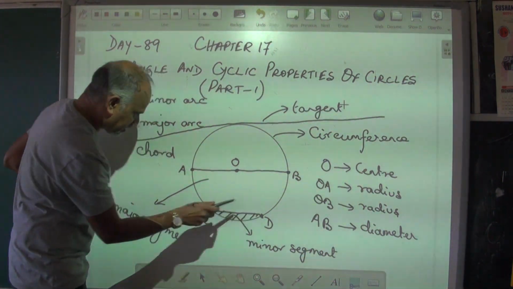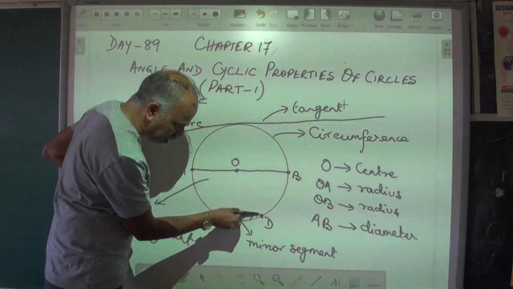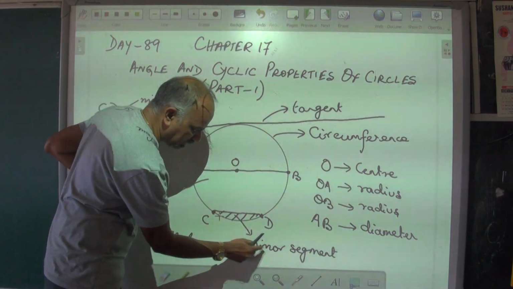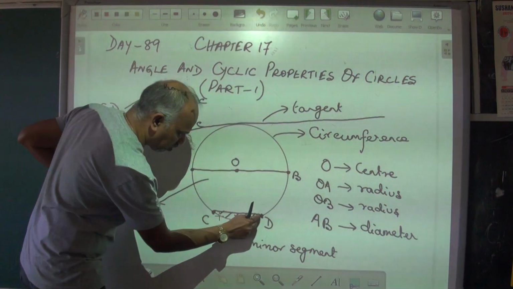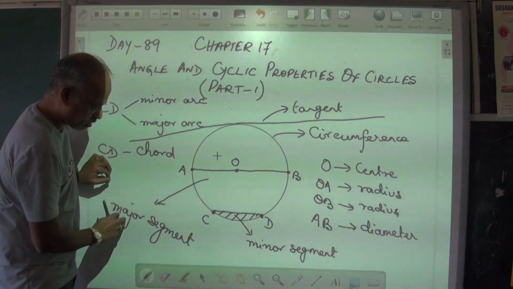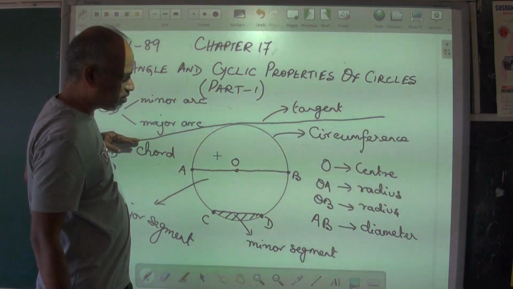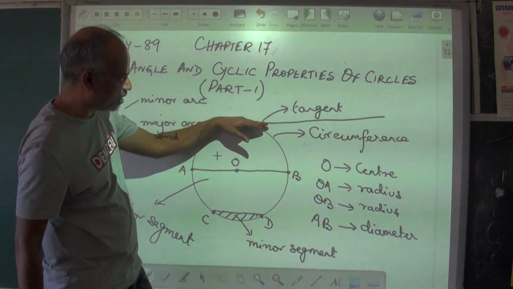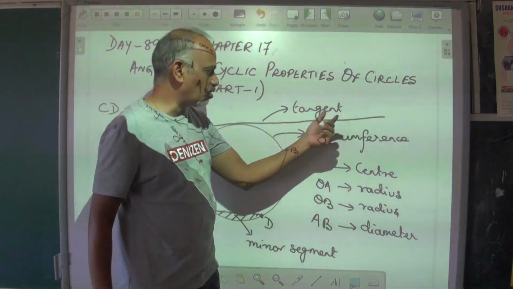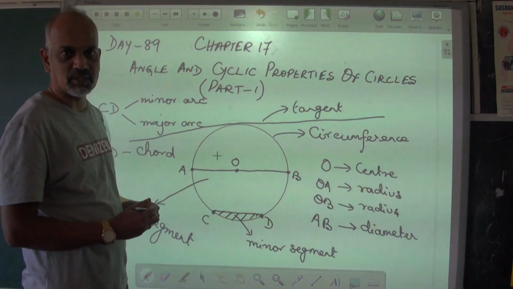CD as a straight line is called a chord, and the portion between the chord and the minor arc is called minor segment. The portion between the chord CD and major arc CD, that's this unshaded portion, is called major segment. And finally, a straight line from infinity which just touches the circle and goes to infinity is called a tangent. So these are a few things that you have to know about circles.